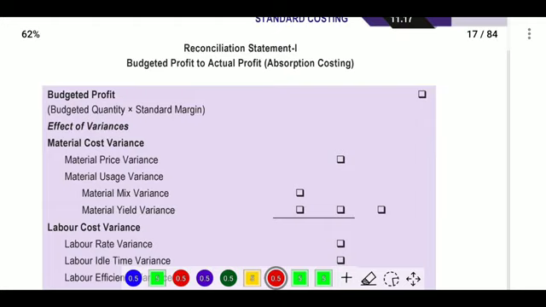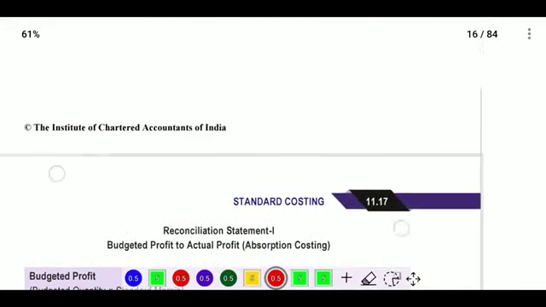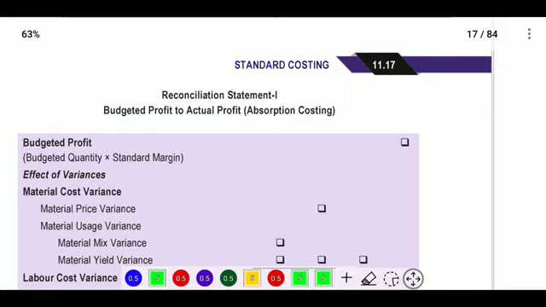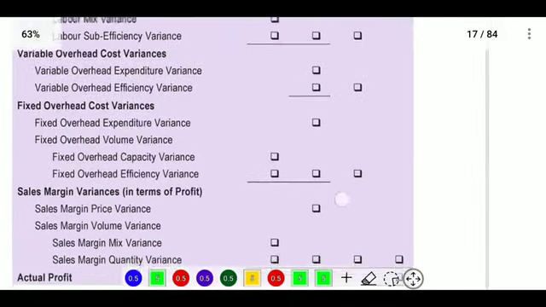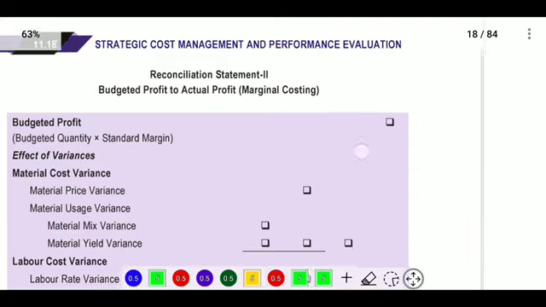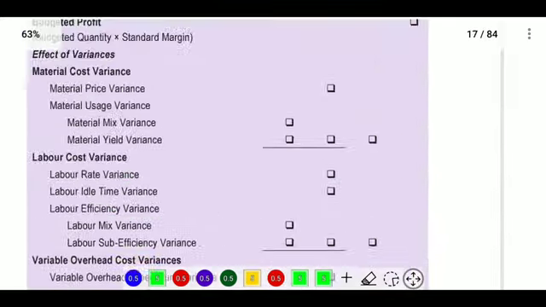We have two categories: one is the absorption costing way, and another one is marginal costing. Whether they provide marginal costing or not? Yes, they provide marginal costing the second time, and first time will be actual. Okay, we will discuss absorption costing first here.